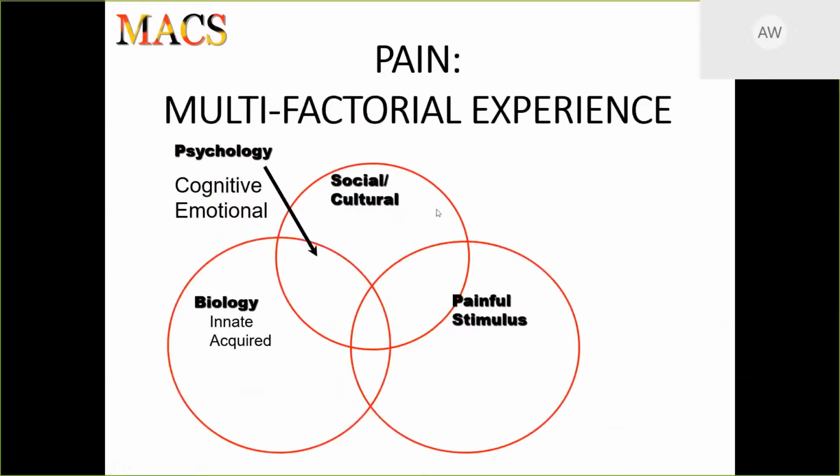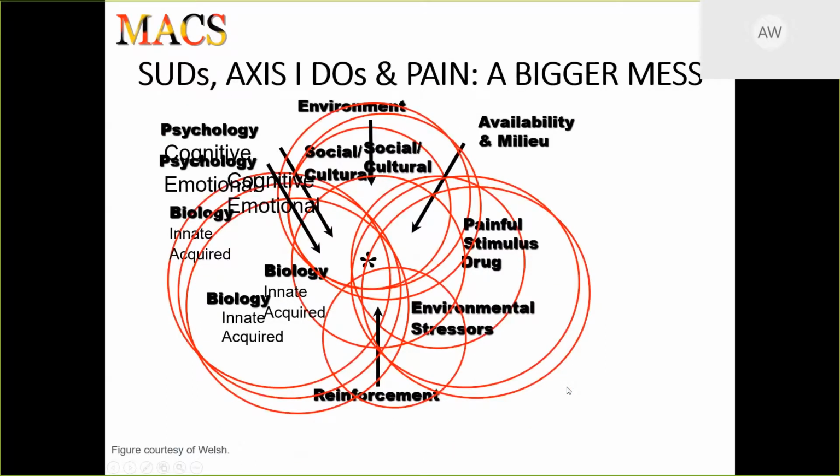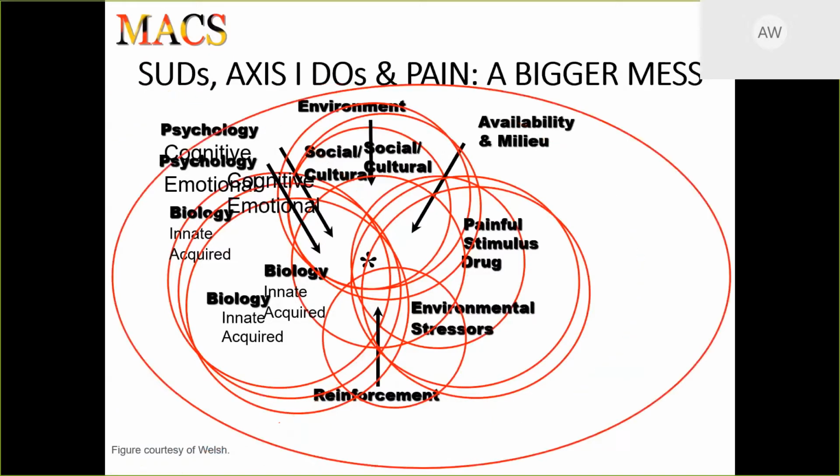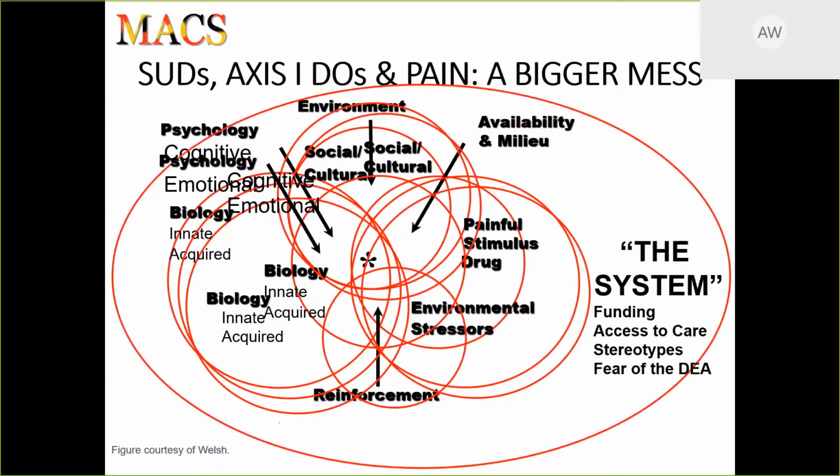And then you throw in patients with pain, which a lot of our patients have as well. Another thing that there's not a blood test for or a good imaging test. It's very influenced by your biology, social and cultural issues, and the painful stimulus. So as we add on more and more of these multifactorial things, this is what our patients look like.